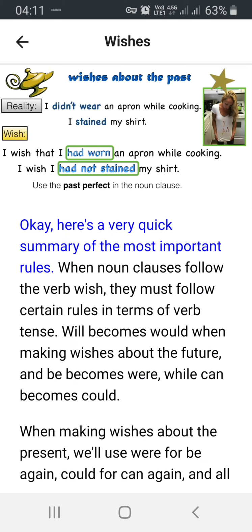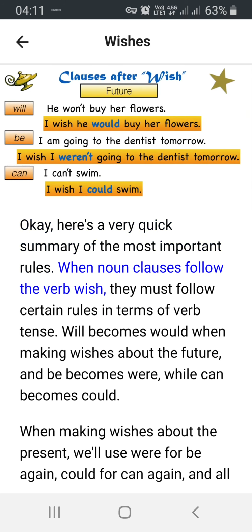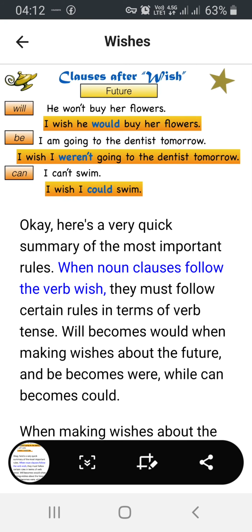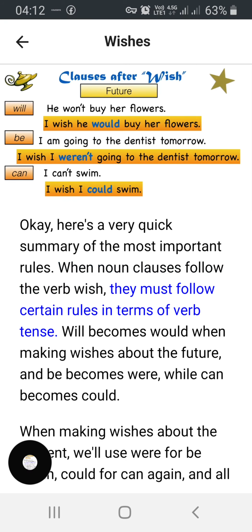Okay, here's a very quick summary of the most important rules. When noun clauses follow the verb wish, they must follow certain rules in terms of verb tense.